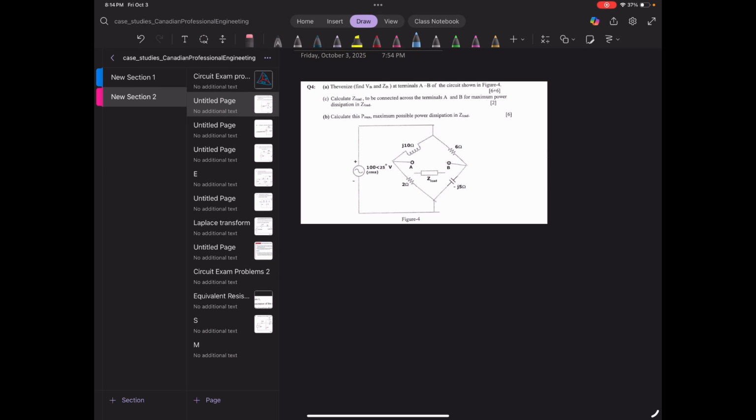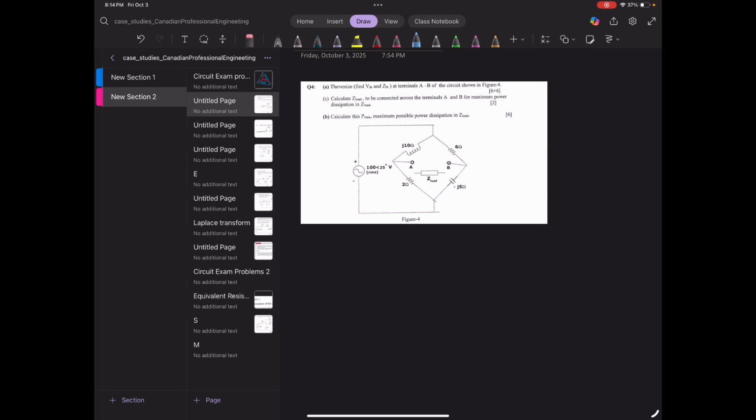Okay, so whenever it tells us to find VTH and ZTH at the terminals, whether the terminals are disconnected or not, we are going to disconnect them, even if they're not in the circuit, which they are here.